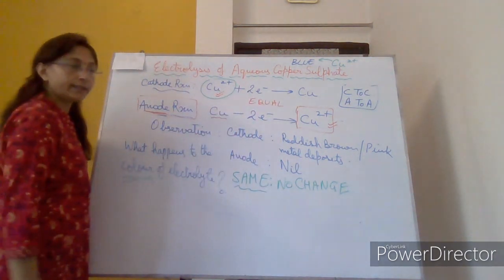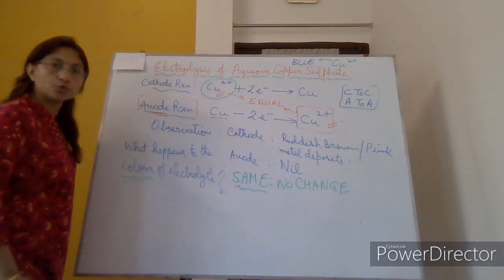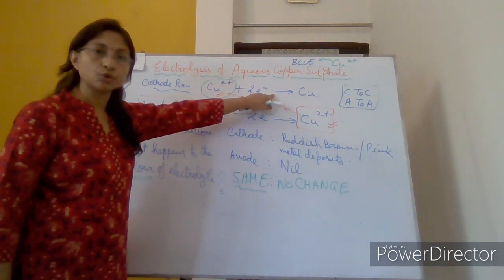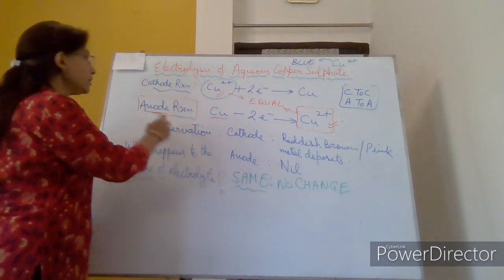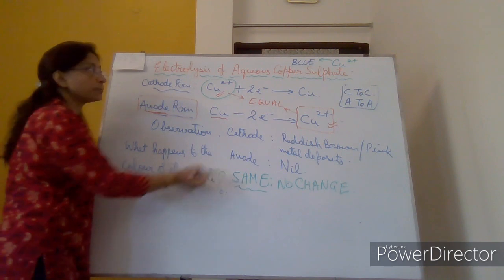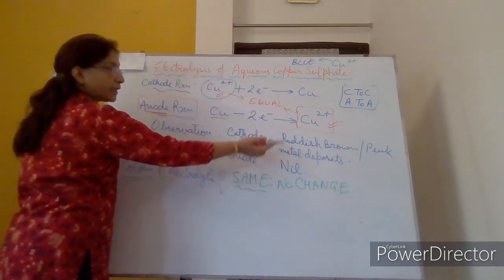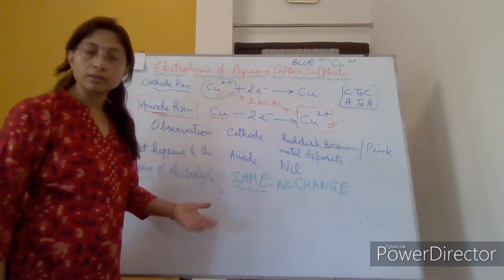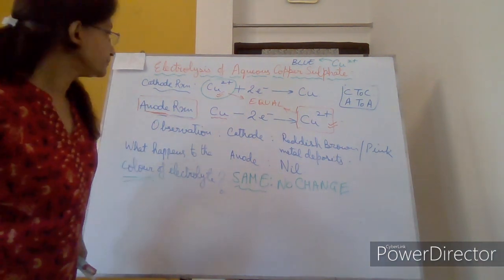Is that clear? जितने भी number of cations यहाँ पर discharge हो रहे हैं, the same number of copper cations are being produced by the anode, and that is why the color of the electrolyte, the blue color, will always remain the same because copper cations deposited are equal to the copper cations produced.